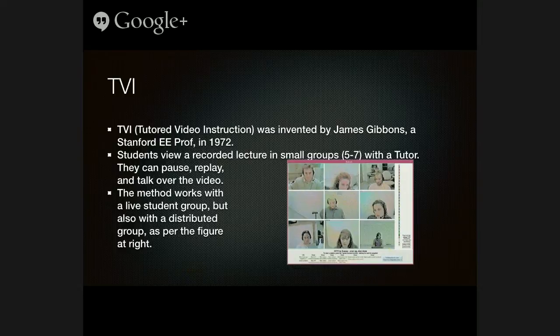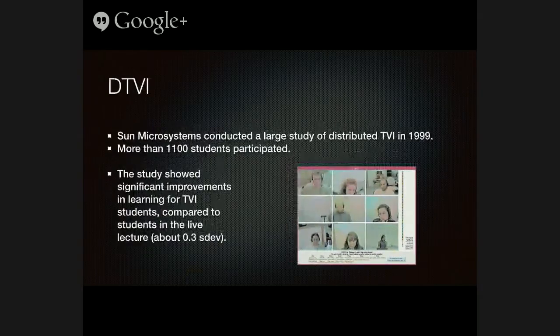They did this in the same room, and then they also did it in a distributed way, DTVI, which was a big effort to do this using video conferencing.